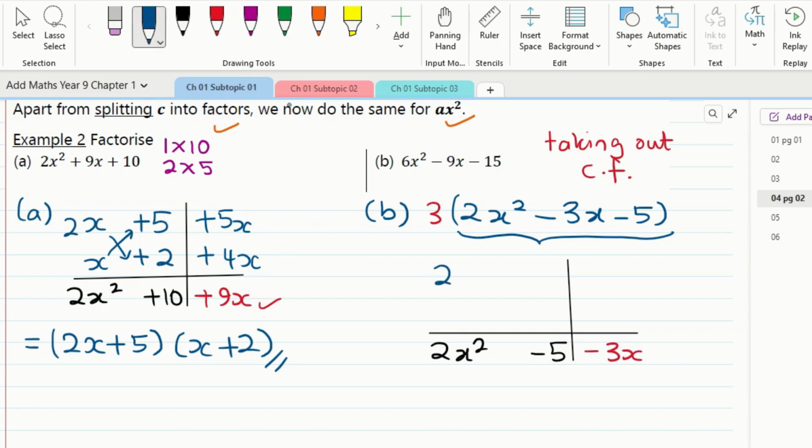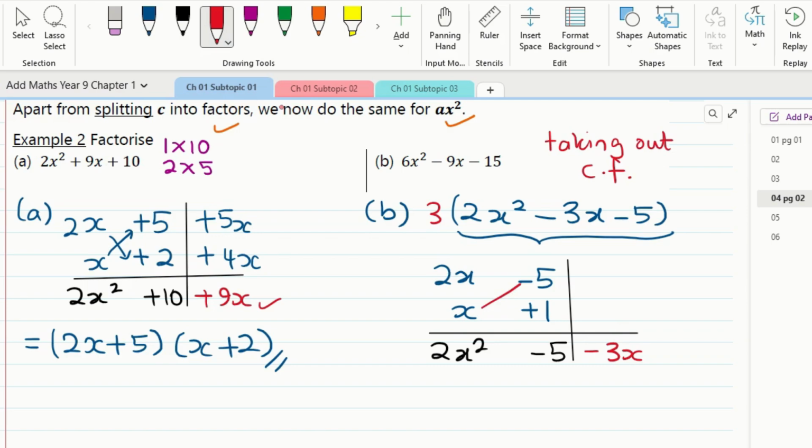Here, 2x squared is 2x times x, and as for 5, it's a prime number, so the factors are only 5 and 1. You will put 5 and 1, but then you have to also check the sign. Since you're dealing with -5, one of the numbers is going to be negative. In this case, the negative is -5 and 1 is a positive number.